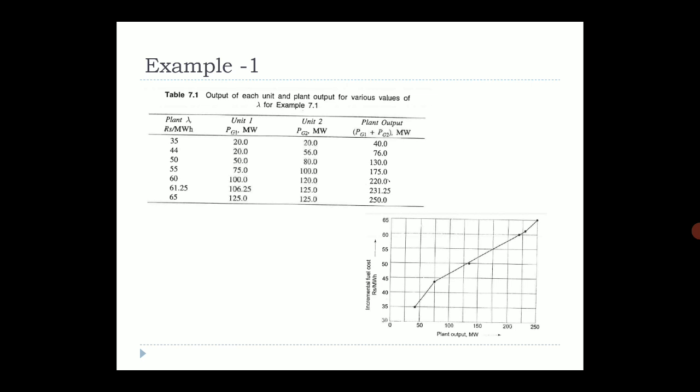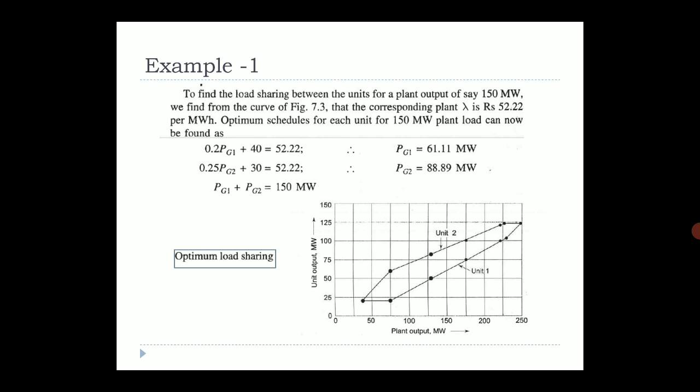So somewhere between 50 and 55 the lambda should be, in order to get an output of 150, and that value we get from the curve shown here. Okay, so you can see the output of both unit 1 and unit 2 at a particular value of lambda, which is 52.2 per megawatt hour.